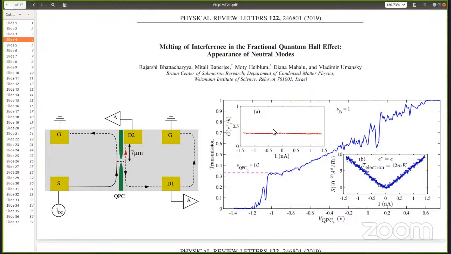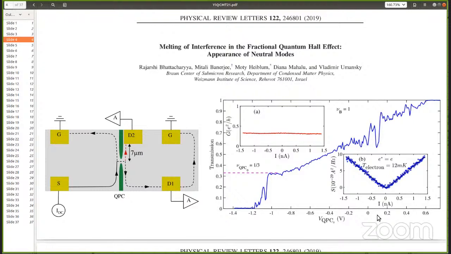The inset in panel A shows that if you set the QPC voltage to be, let's say, -1, and you change the input current, then panel A shows the conductance, which is measured in D1, as a function of the input bias. You can see that it is 1/3, and it's very stable.